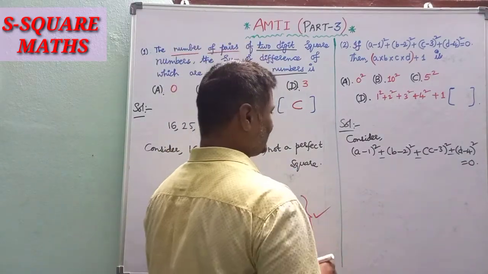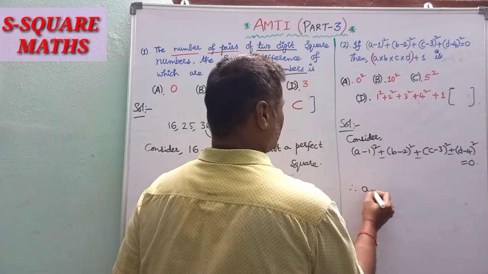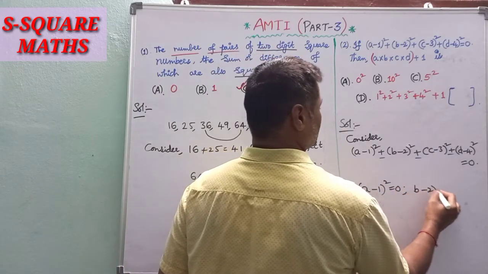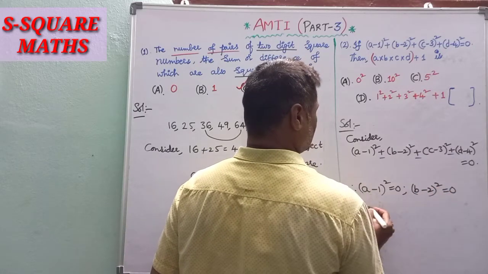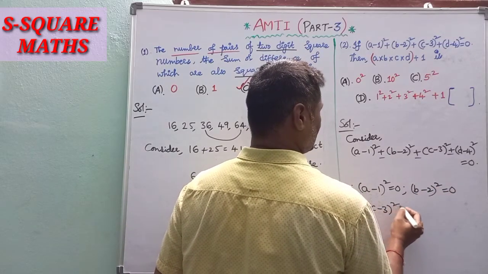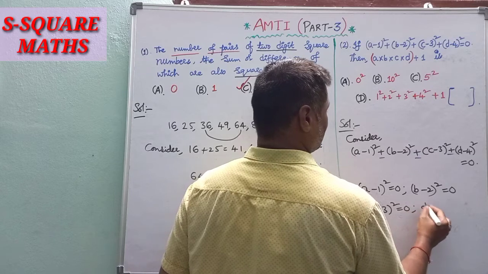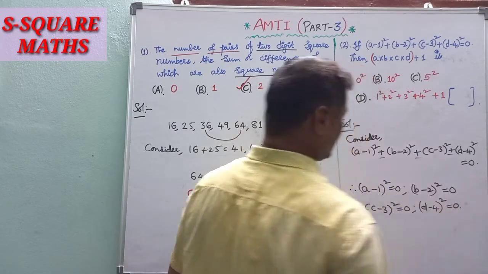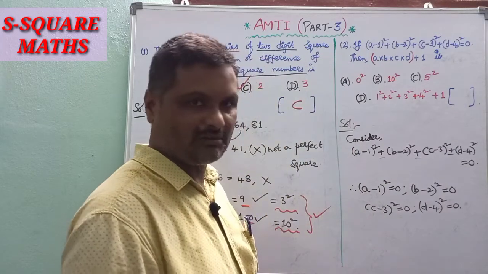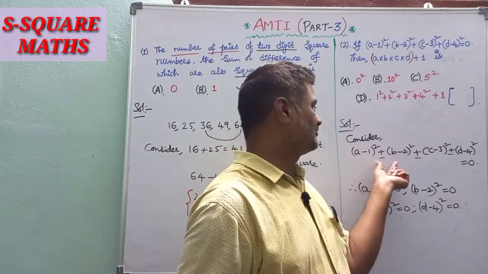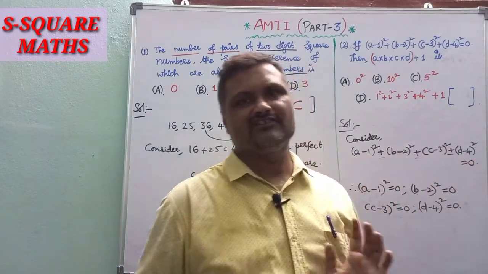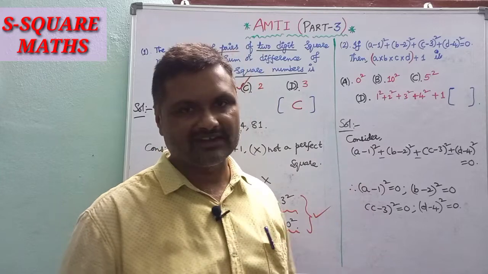According to that I can write now, therefore (a minus 1) whole square is 0 and (b minus 2) whole square is 0 and (c minus 3) whole square is 0 and (d minus 4) whole square is 0. Because there is a common sense point also here, these are whole squares equal to 0. So each term should be 0, then only it will be possible.